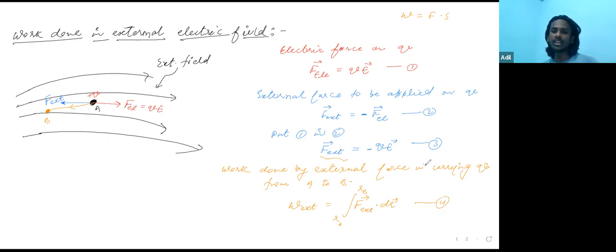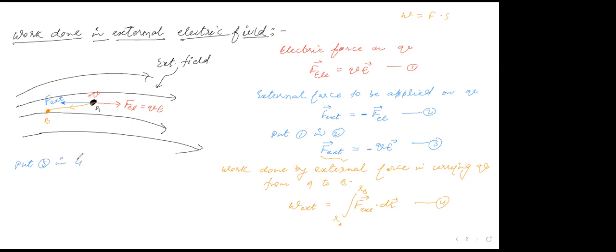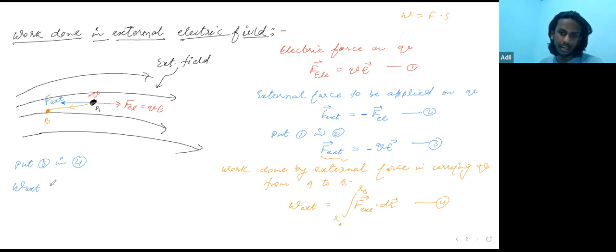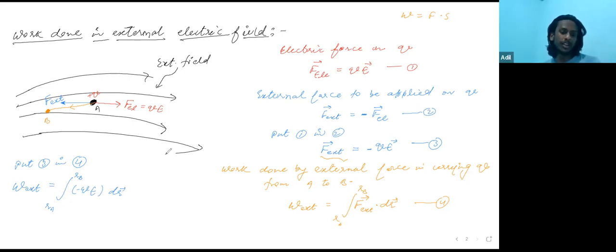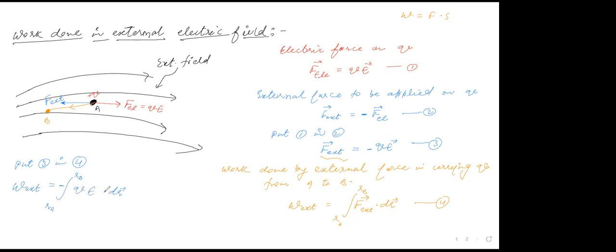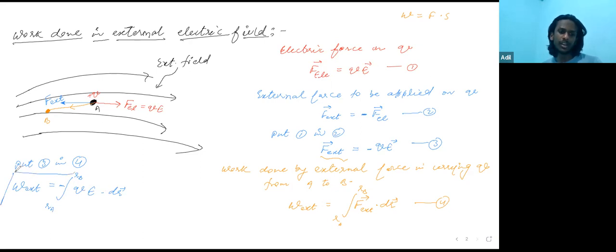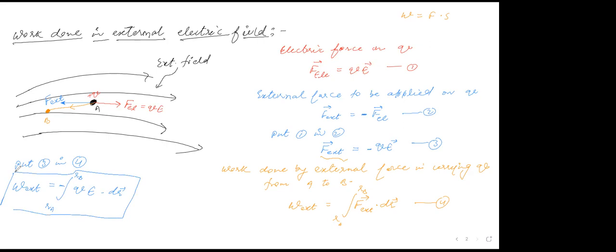When you put the value of F external from equation 3 into equation 4, we get W external is equal to integration from RA to RB of F external, which is minus of Q into E, dot dr. So minus of Q into E dot dr. This is your work done by external force.